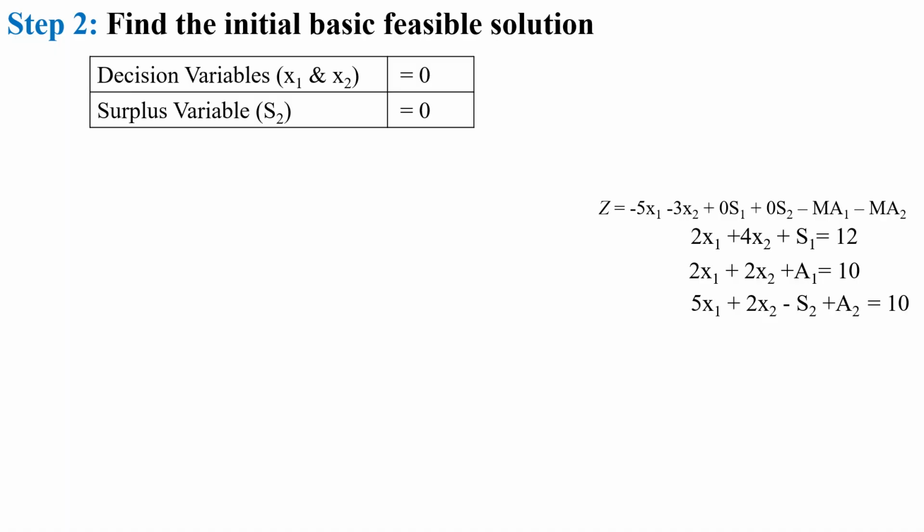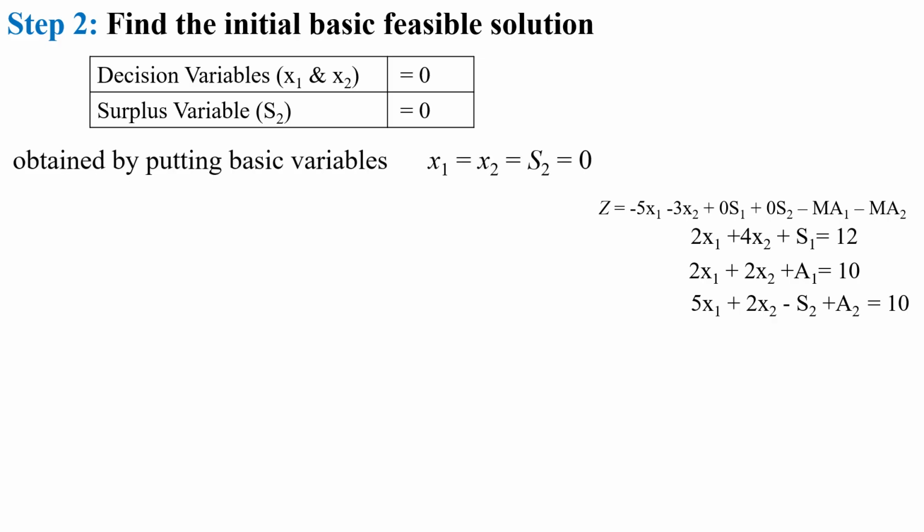Second step is to find the initial basic feasible solution. For this we have to consider the decision variables and surplus variables as 0. Here the decision variables are x1 and x2, and the surplus variable is s2. So consider x1 equal to x2 equal to s2 equal to 0 and substitute these values into the constraints.